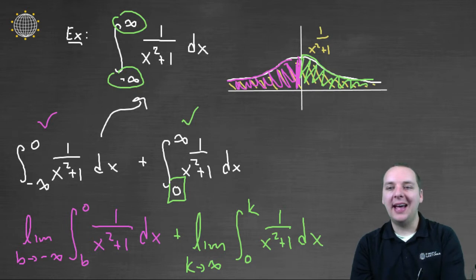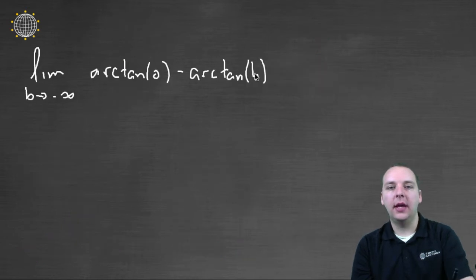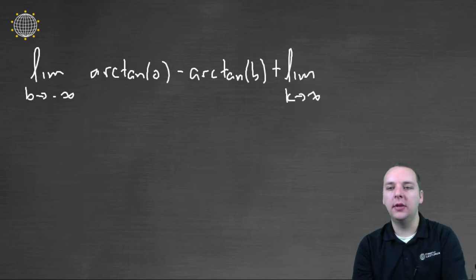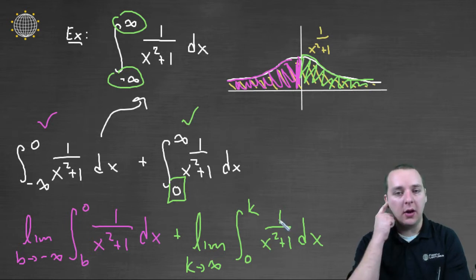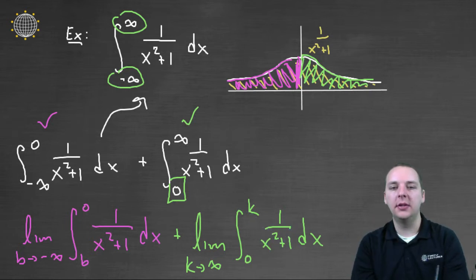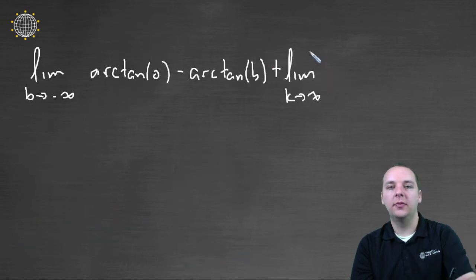All right, and then we're going to add to that the limit as k goes to infinity of basically the same thing, arctan of k minus the arctan of 0.